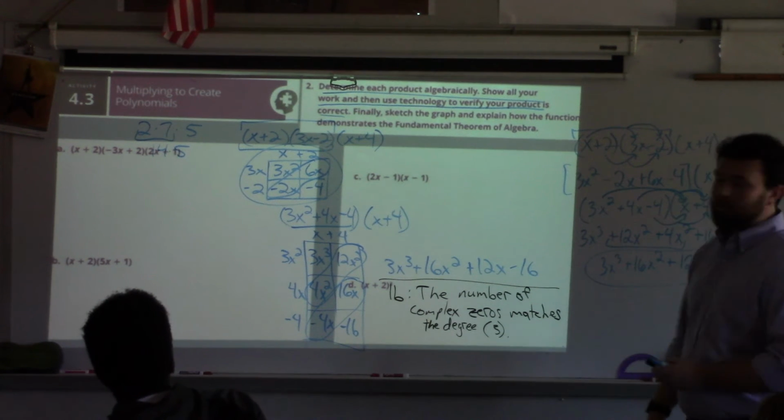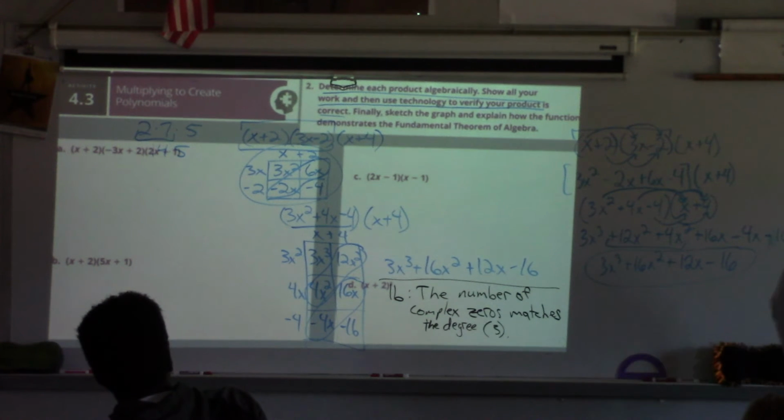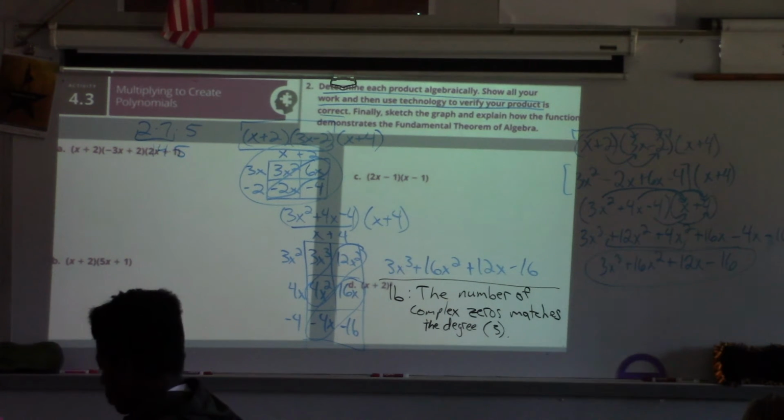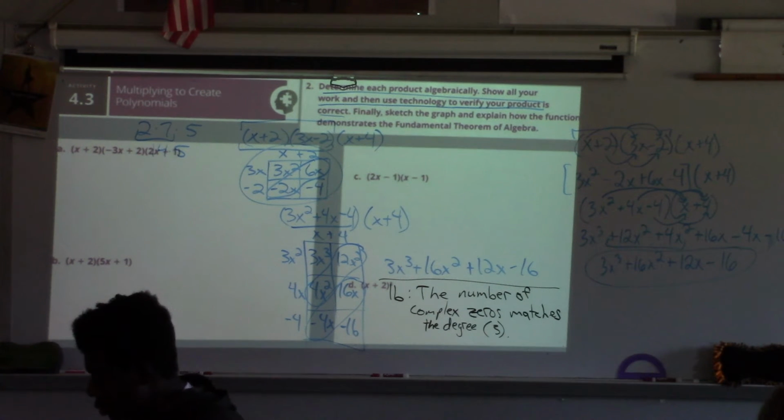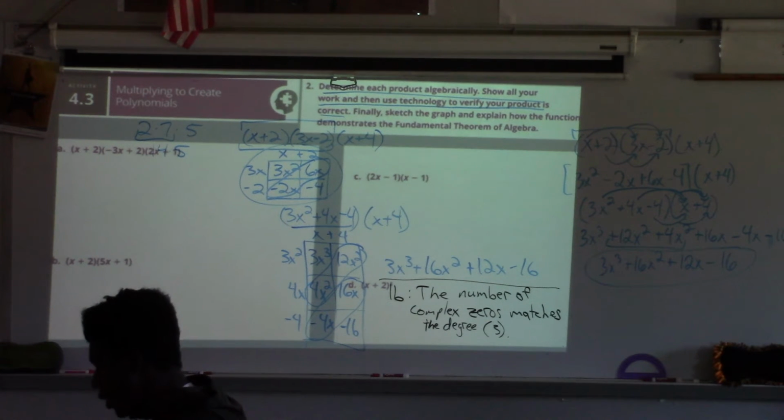It is the product of binomials just distributed. Groups 1 and 2 do A and B. Make sure you're talking with your group, helping each other get better at this. Don't forget, once you're done with the product, check to make sure you have it right.